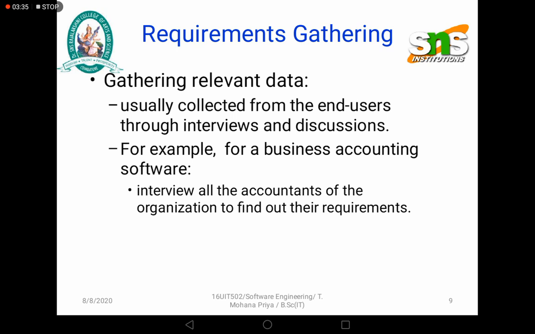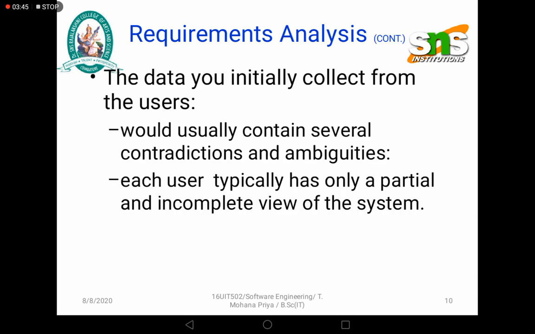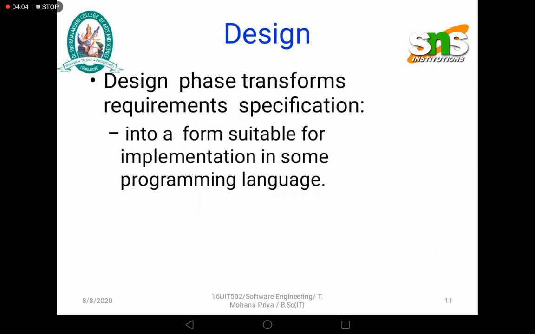Requirement gathering is gathering information from the customer through interviews and discussions. The information collected from the customer is finally given to the requirement analysis phase. In this phase, the analyst will consolidate the information, reduce the contradictions and ambiguities, and take only the important parts and required contents to develop the product.